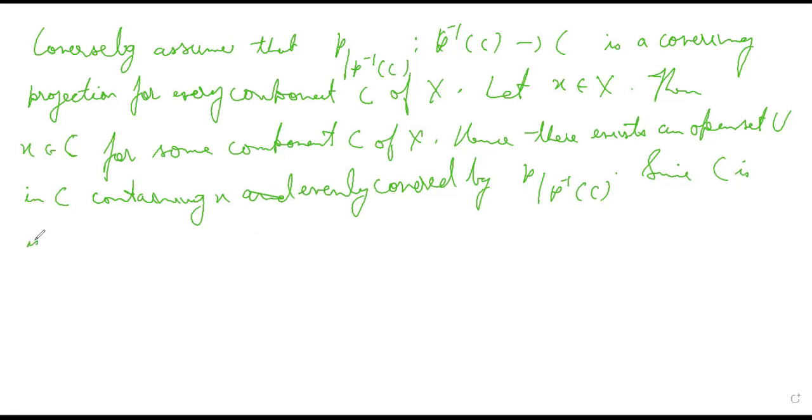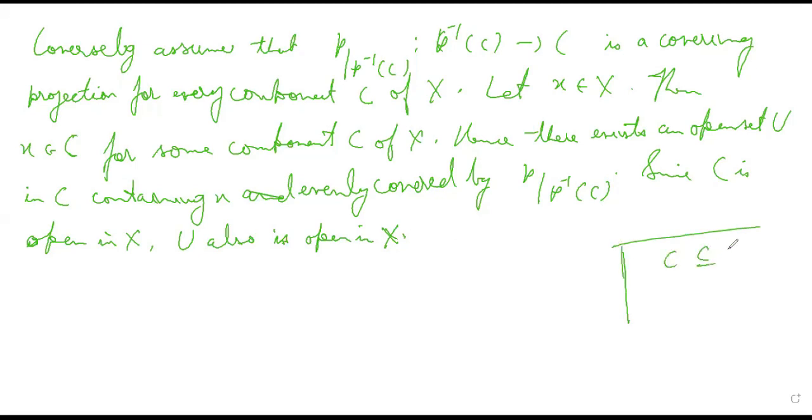Since C is open in X, U also is open in X. So if C is a subspace of X and C is open, then every open subset of C will also be open in X, because open subsets B of C are of the form B equal to C intersection A, where A is an open subset of X. If C is open, then the intersection of two open sets is open.